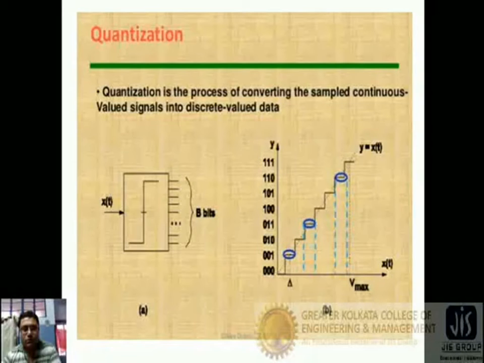It is a 3-bit representation, so starting from level 0 up to 7, there are 8 steps: 0, 1, 2, 3, 4, 5, 6, 7. So there are a total of 8 quantized steps, and in this way we break the signal into discrete value data. We'll discuss it in our coming slide.